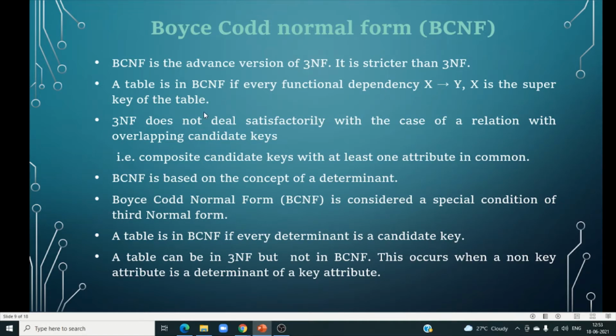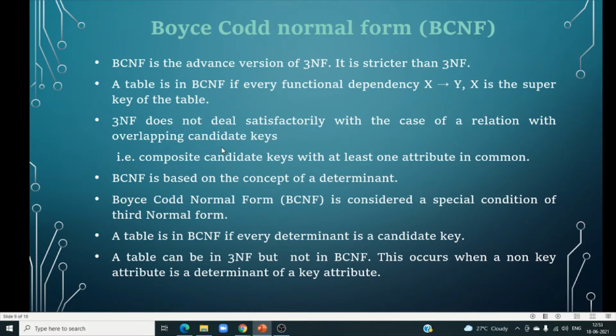In the previous classes we also learned about different keys. There may be multiple super keys for a single table, and we choose the candidate key from them. Here, the third normal form does not deal satisfactorily with the case of relations with overlapping candidate keys.